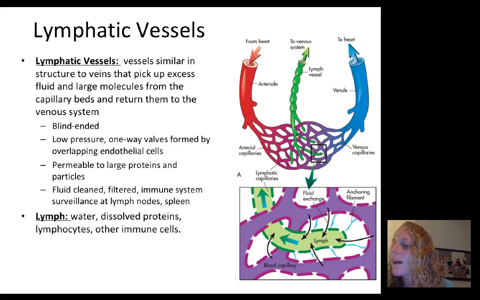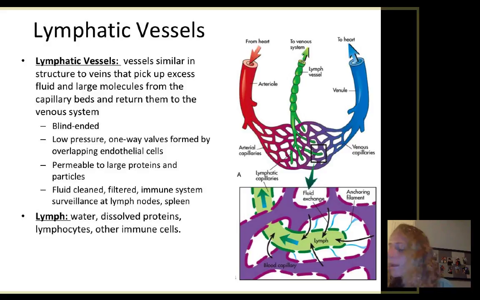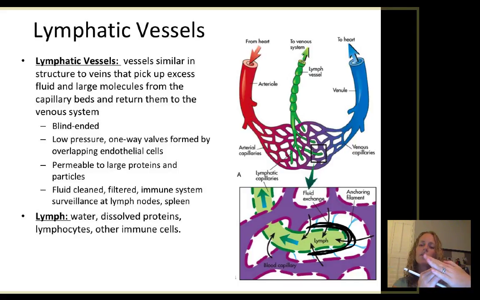So if you look at a microscopic view, you'll see that we call these blind-ended vessels, meaning that they're closed at one end, and they have these flap-like valves that will open and allow the large molecules and the fluids to enter, but they only go in one direction because that blind end keeps them from going back into the tissues.